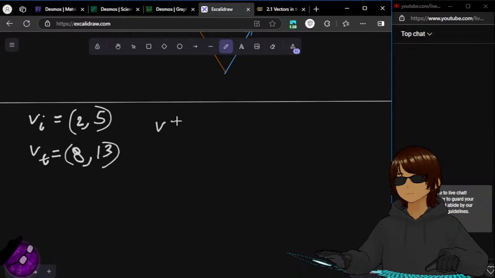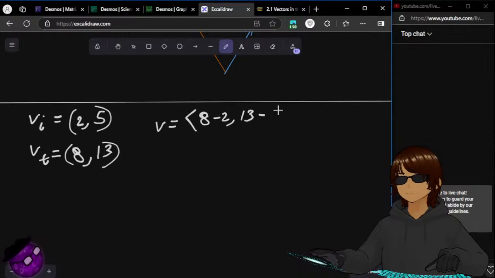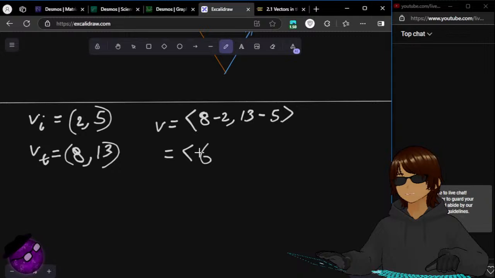So then v is 8 minus 2, 13 minus 5. Like at the origin, it would be like this. So it's basically <6, 8>.